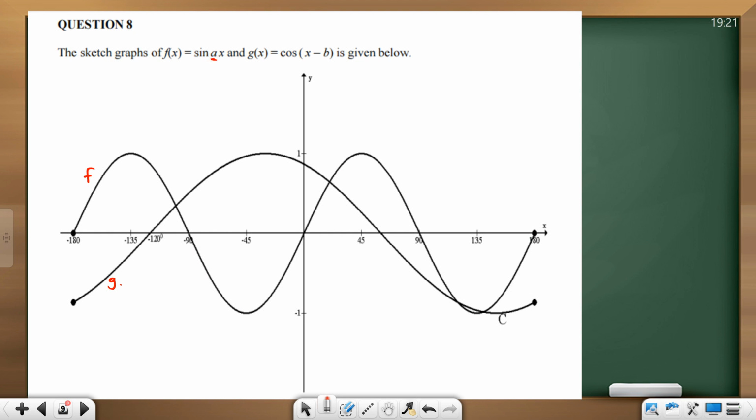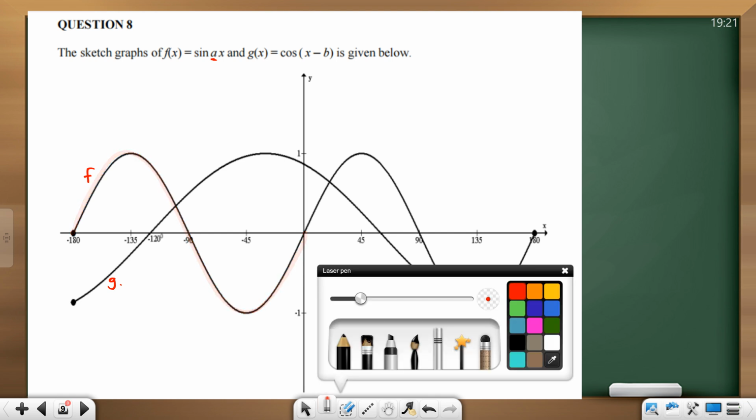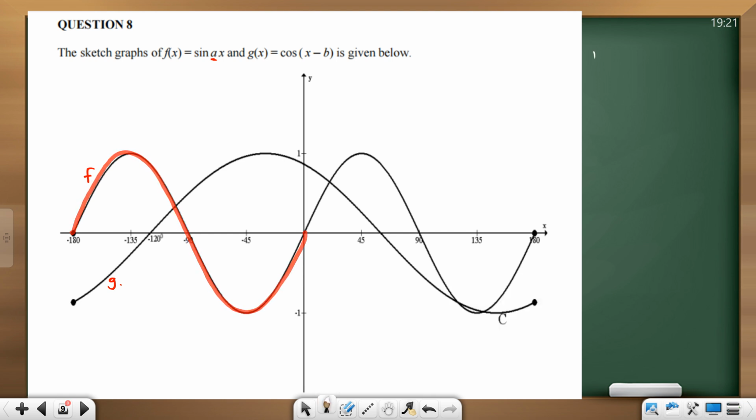Another way to do it, please watch this. Let's look at one full graph. What is the length of one full graph? 180. I gave you a formula. Do you remember the formula? It says period is equal to what? 360 over, this time around, I'll be saying what? a. Period is one full length. What is one full length here? 180. Equals 360 over a.